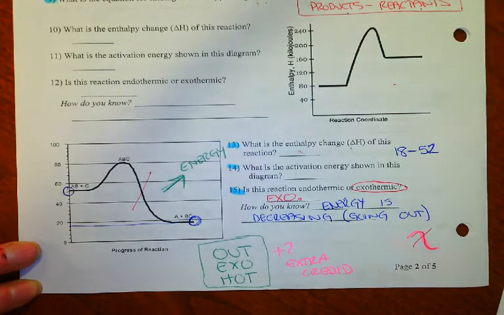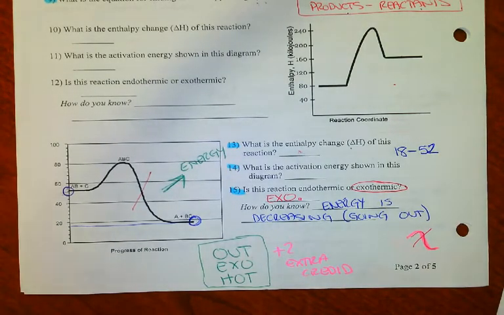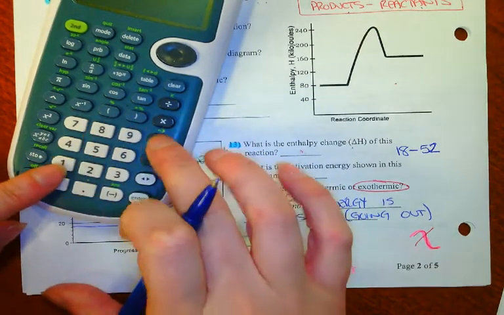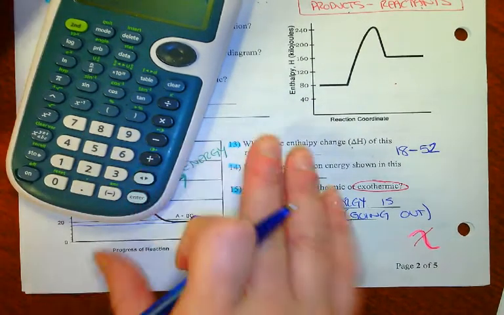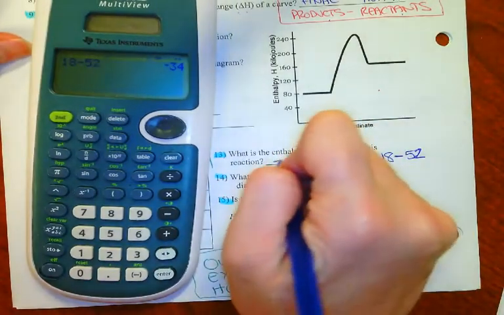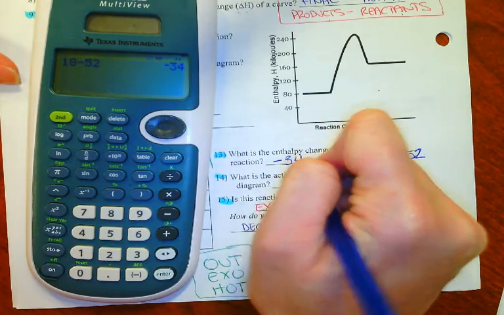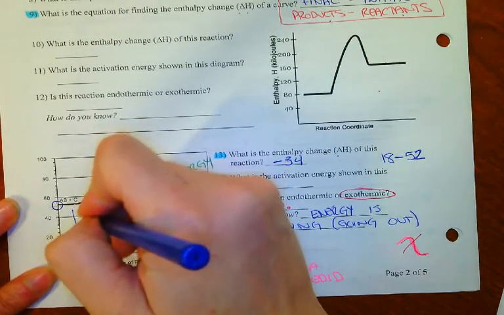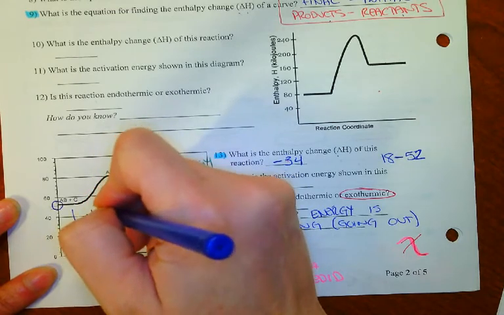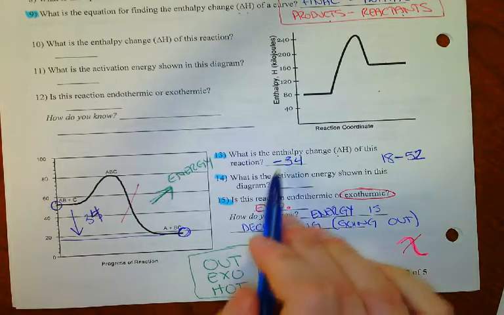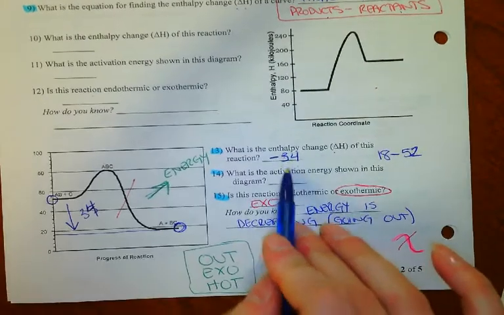Okay, you don't have to be super precise on this graph. So I'm going to say 18, my final product, minus my starting energy, 52, equals about negative 34. And be very careful about the positive negative. And think about it. It's coming down in energy by 34 or 35. Okay? It's coming down in energy, so that's why it's negative 34.